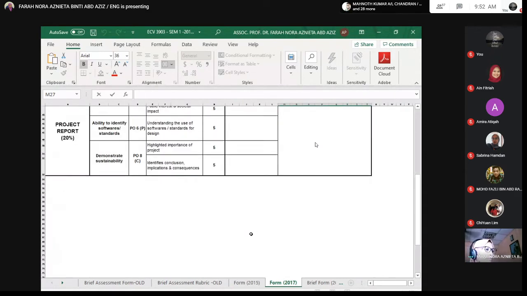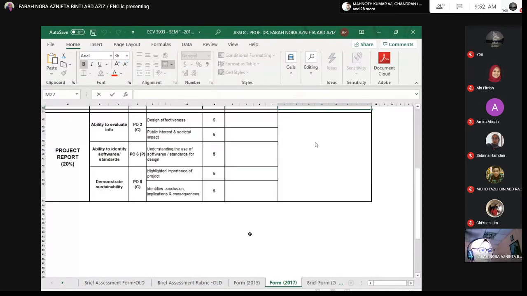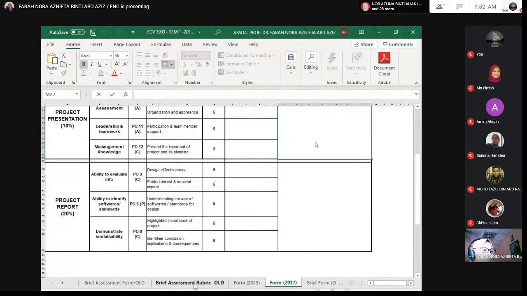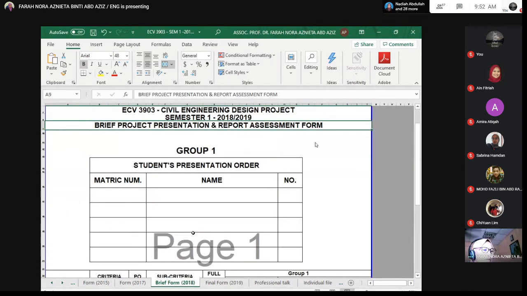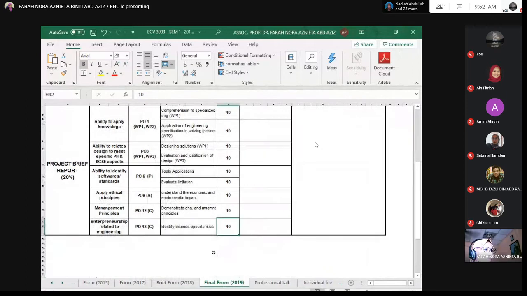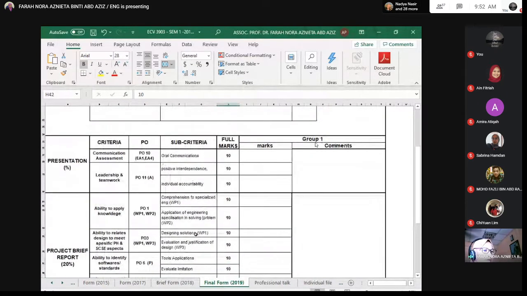And then let's see, is the rubric here. Brief rubric. Hmm. Where is the rubric? Okay, this one final.